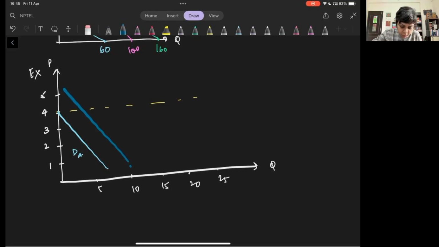Oh, it's too thick. Then there is another demand function, something like this, DC. Okay, this DB can be a little steeper.